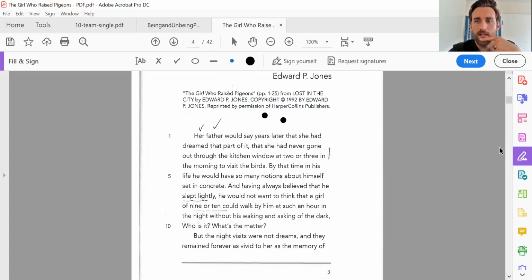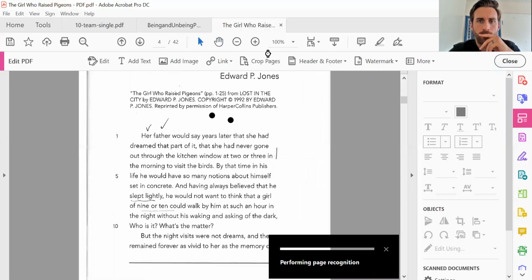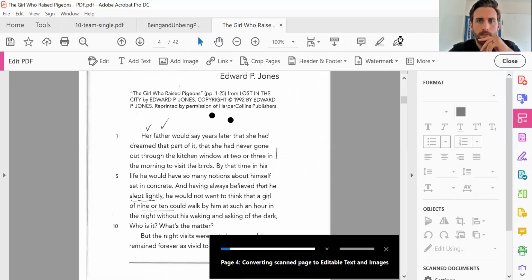I'm not seeing how I could do that. How do I doodle on this? If I go edit. Okay, it's loading.